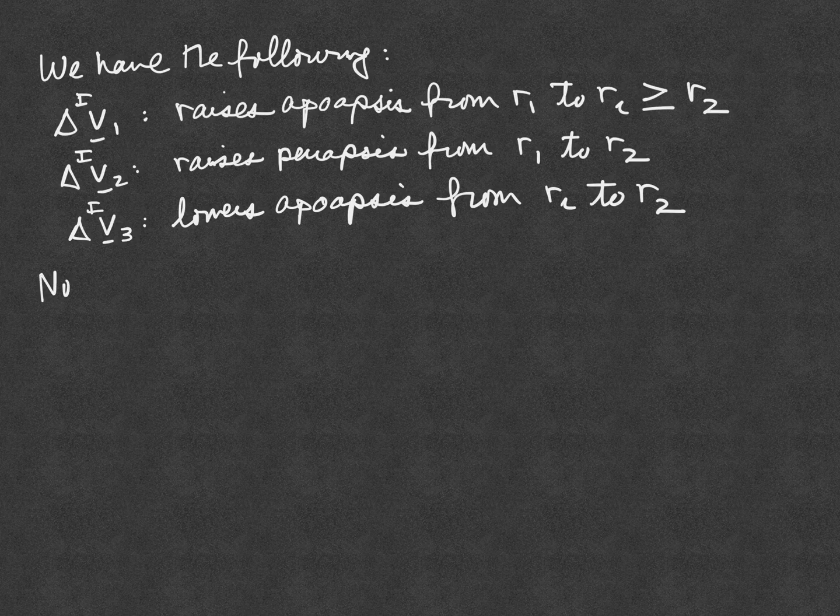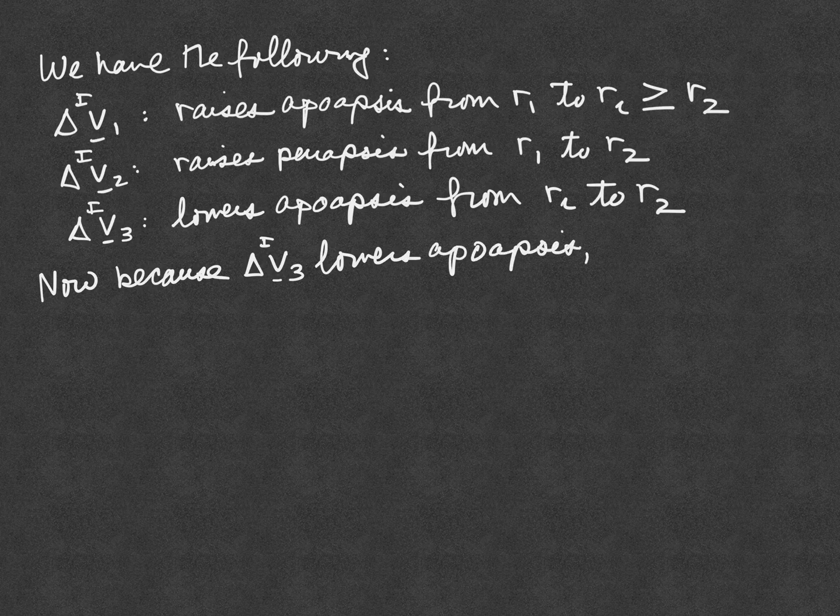So now, because delta V3I lowers apoapsis, delta V3I is a retrograde impulse.